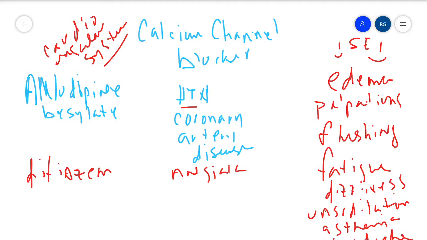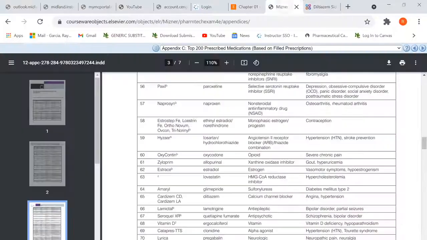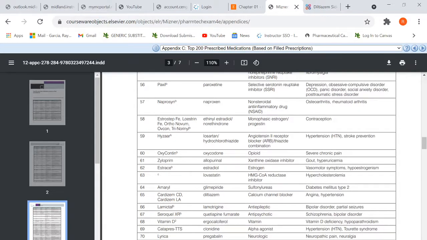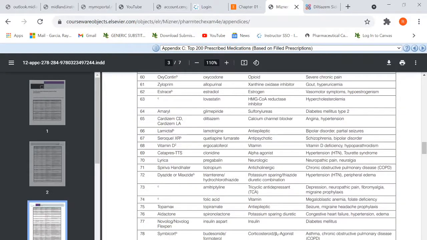All right. Let's look and see if there's one more calcium channel blocker within the top 200. And for the most part, you can just get 3 to 5. That should be good, 3 to 5, or whatever's in your top 200 drugs.